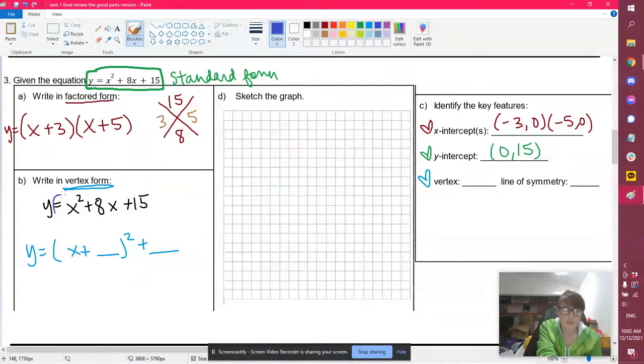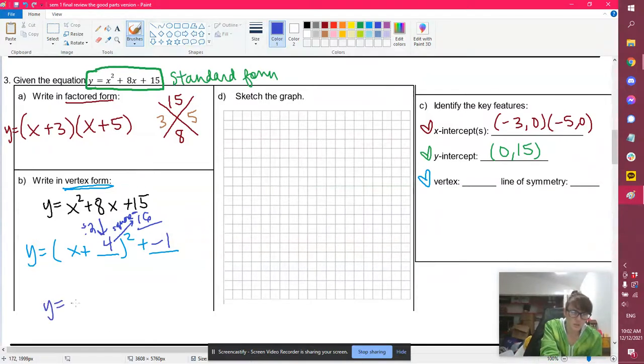When there's no a term, which could be on the test, there's not going to be an a term. When there's no a term, I bring this down and divide it by 2. That becomes a 4. I then square the 4 to get 16. I then subtract 15 minus 16 and get negative 1. That's my vertex form, right?